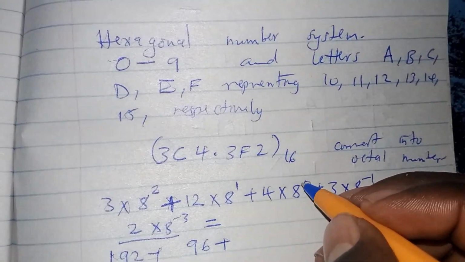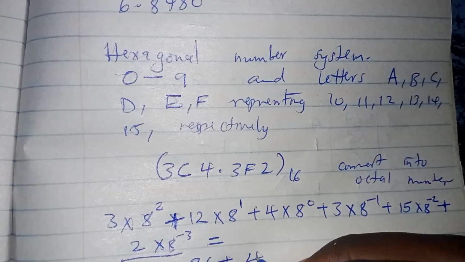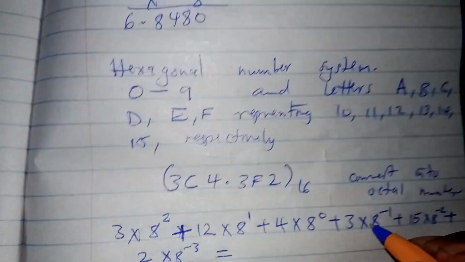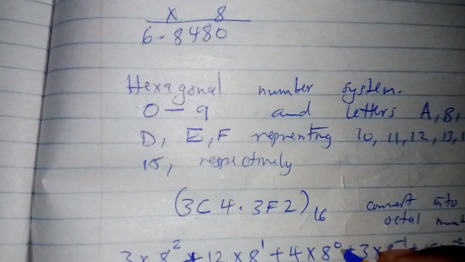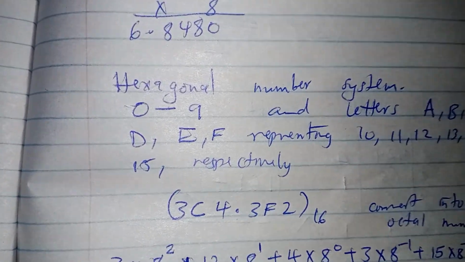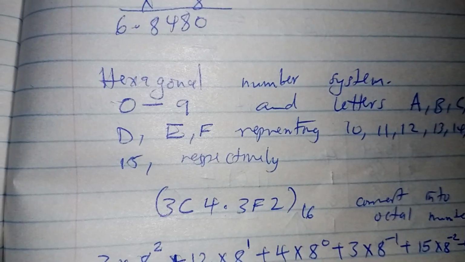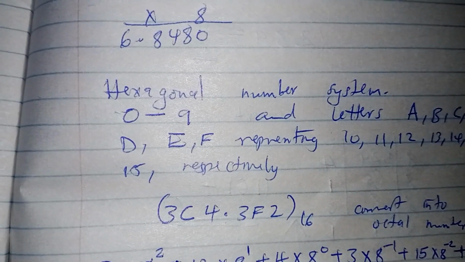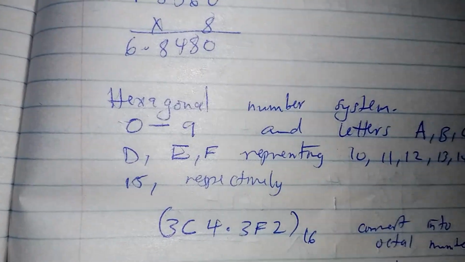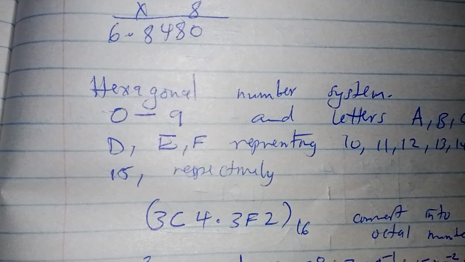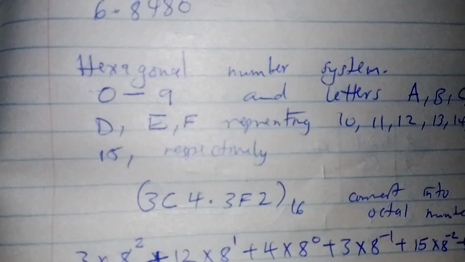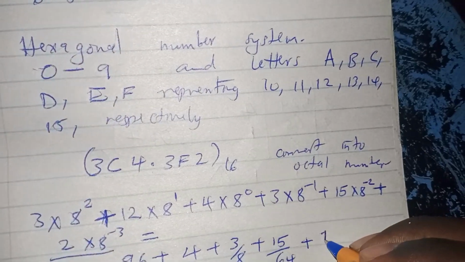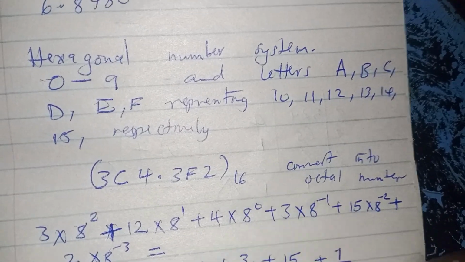Any number power 0 is 1, so it will just remain to be 4. 3 times 8 power negative 1 is just 3 over 8, plus 15 over 64, plus 2 over 512, which is just 1 over 256.